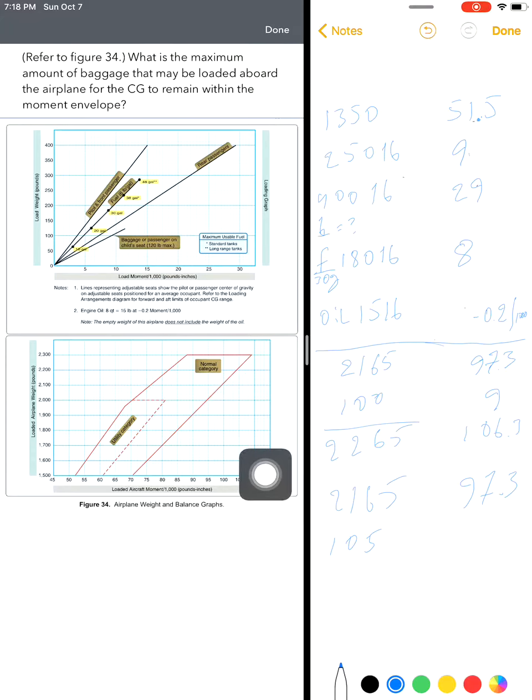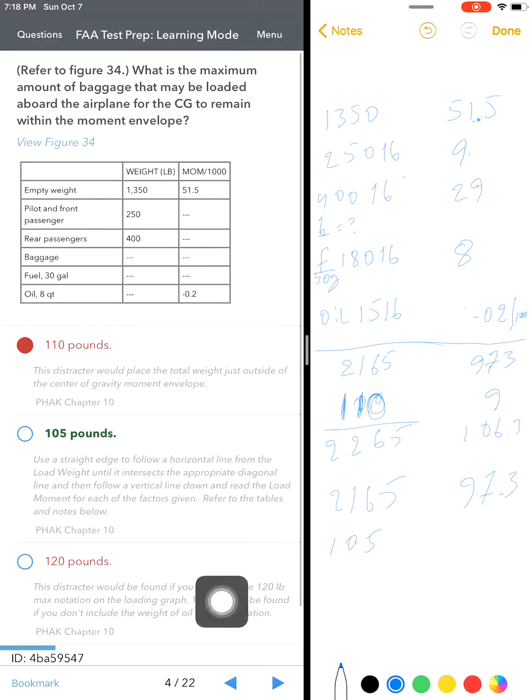106. Oh, actually, that was outside. It would have been outside. So it's not that accurate. If you print this chart out, it'll be a lot better. So let's say 100. That was actually even 110. It wasn't 100. The answer was 110.